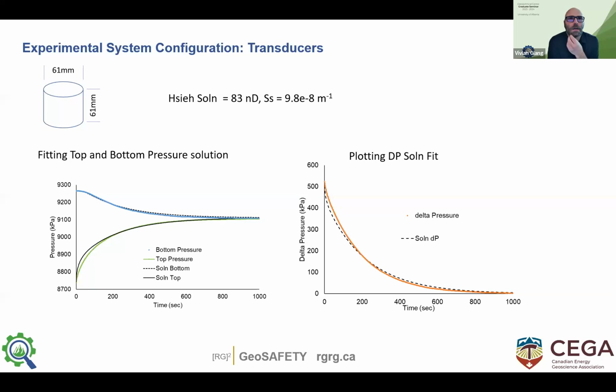When they were installing the Westbay packer system, going down 1,000 meters, you would think it's fully saturated all the way down, with Lake Ontario above it. But what they found was that the pressure started to go down and down.